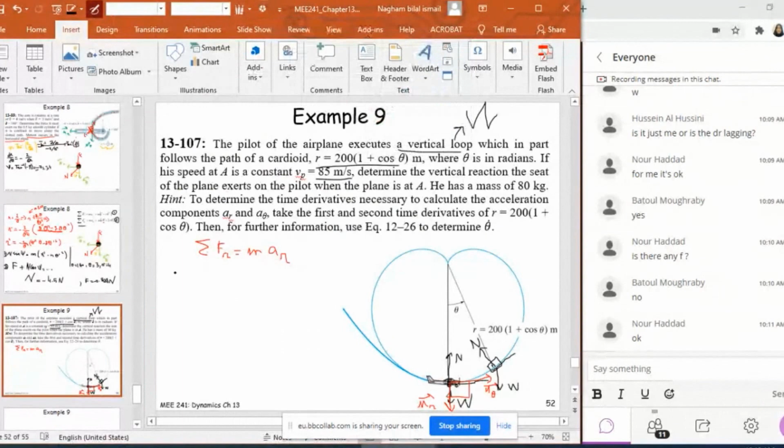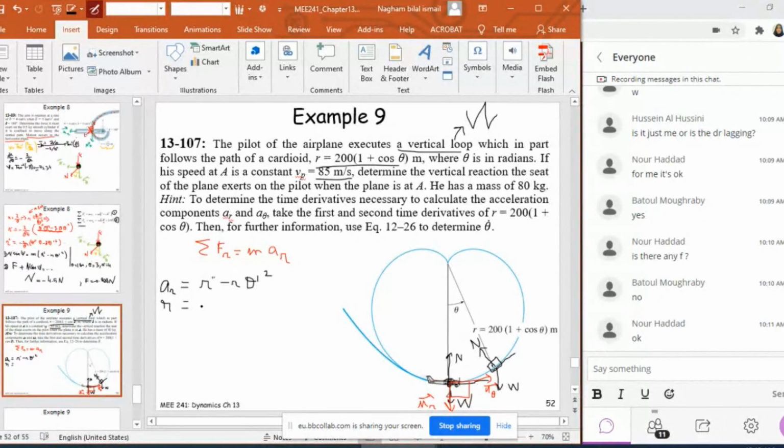So what is AR? AR is R double dot minus R theta dot squared, all right? So this is AR. Now, I know that R is given in terms of theta, so I need to find R dot and R double dot in terms of time.